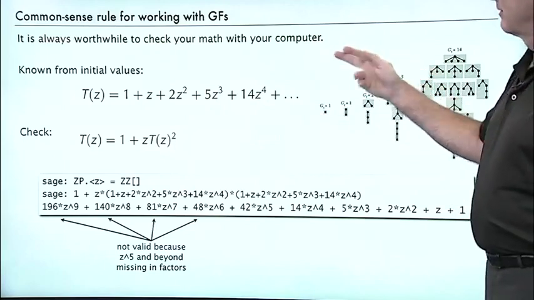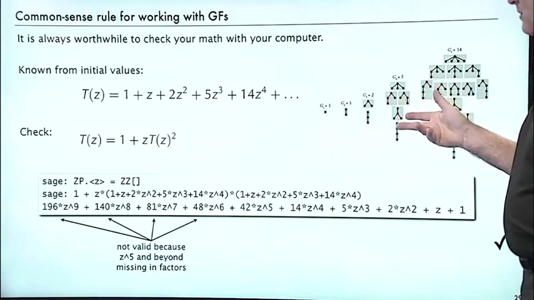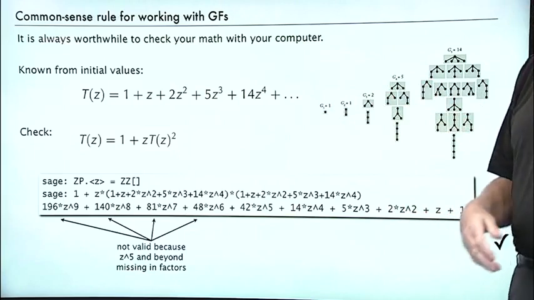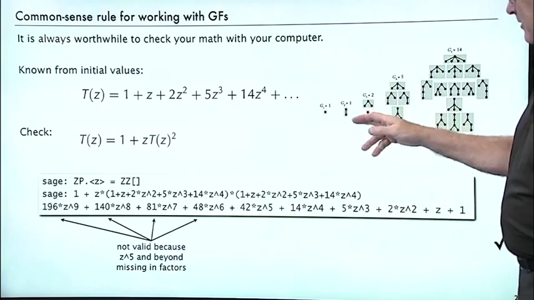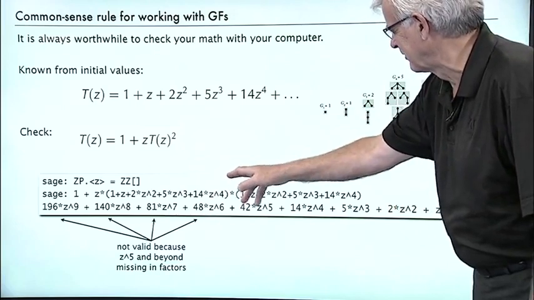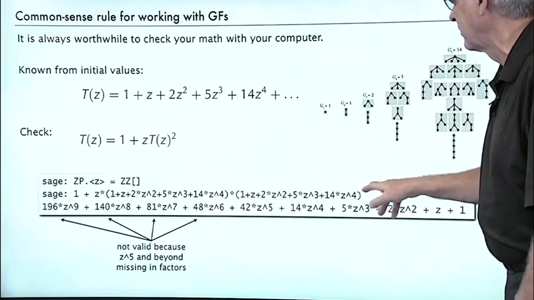Before we go any further, we might want to check that this equation really holds. You can do it with pencil and paper, or you can use a symbolic math system, and you can see that if you take 1 plus z times 1 plus z squared and so forth, I just took it out to 4 terms here, the ones that we know.